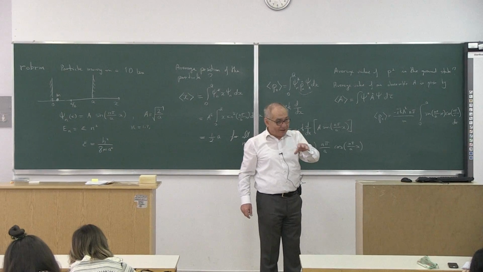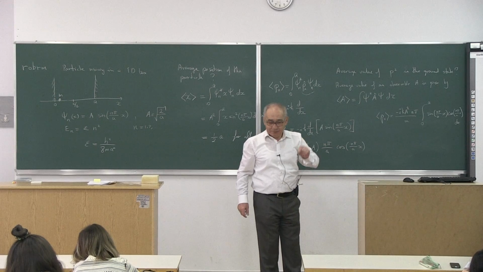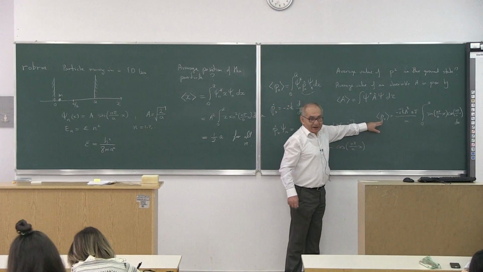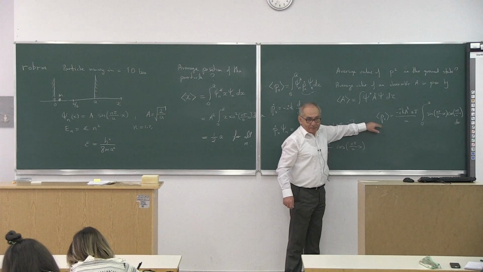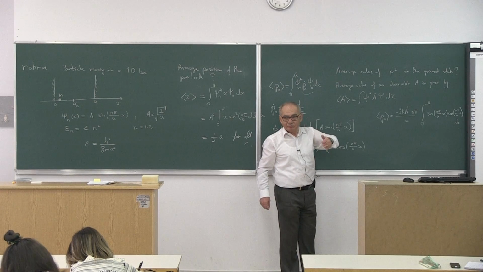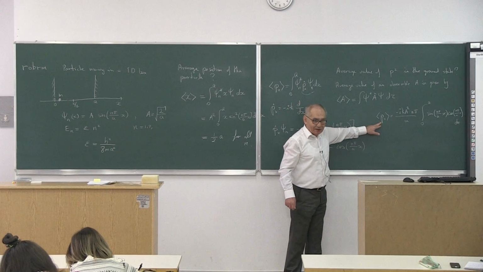It cannot be a complex number. It has to be real. This is just one example of an observable, the linear momentum, average value of a linear momentum. Therefore, this should be a real number.